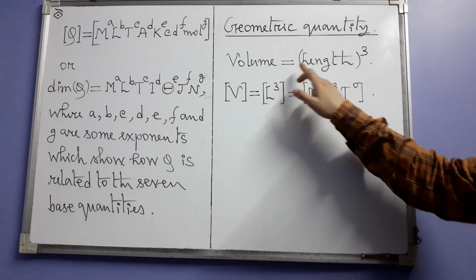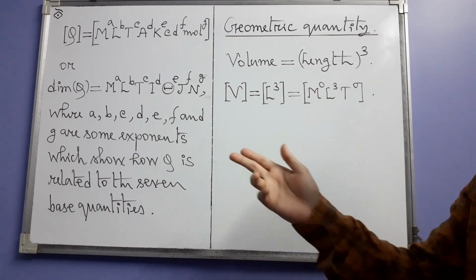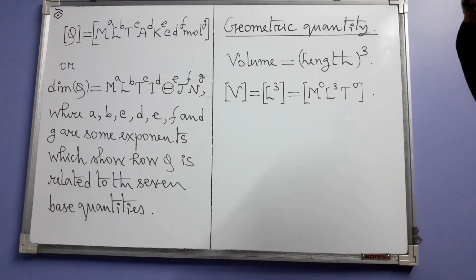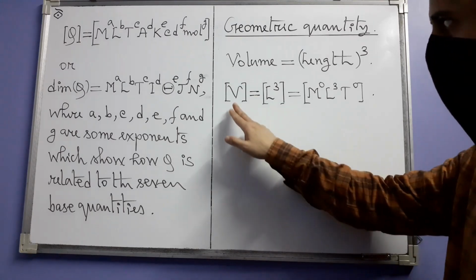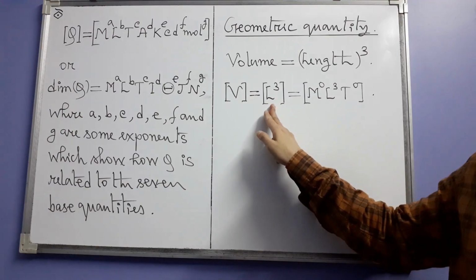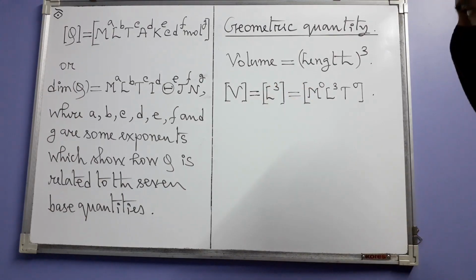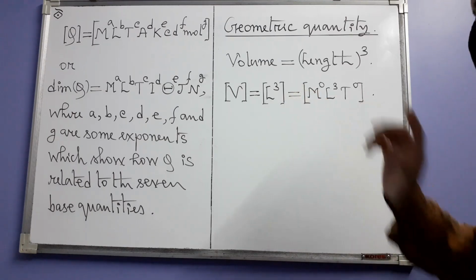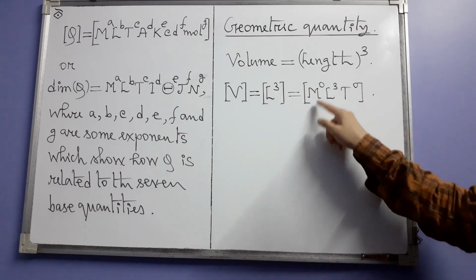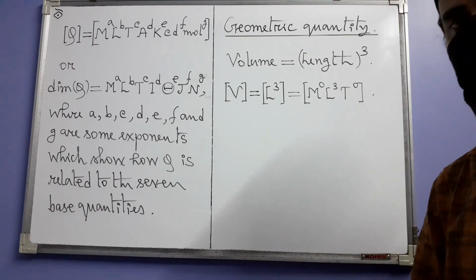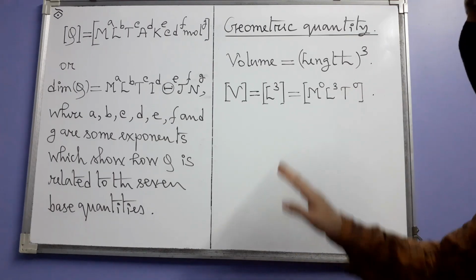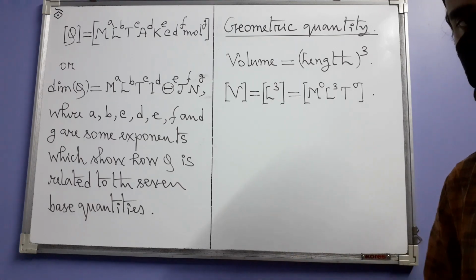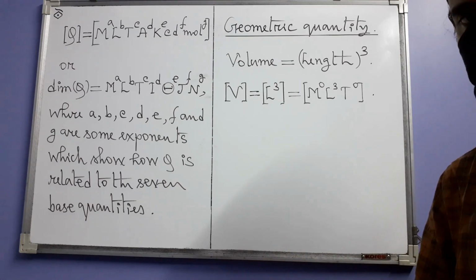So the relation between volume and length in that sense is this: volume is simply the cube of length, and as such the dimension of volume is this L^3. But if you also want to include in this notation mass and time, then you write like this: M^0 L^3 T^0, which shows that mass and time have no role to play in the quantity volume.